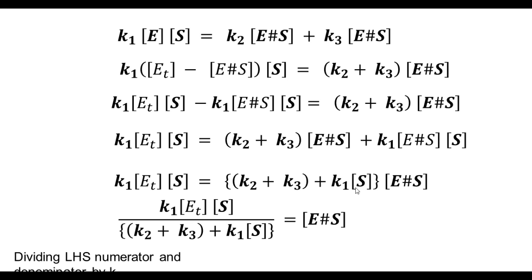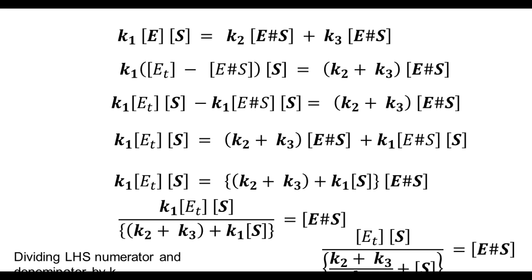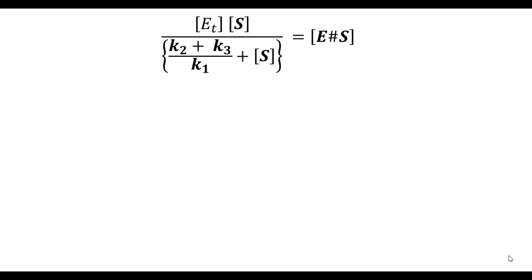And if we divide the numerator and the denominator by K1, we get the K1 disappears from here, so ET into S, and here K2 plus K3 divided by K1 plus S. There's a K1 here which gets cancelled, plus S equals the enzyme substrate complex concentration, which is the same as this.